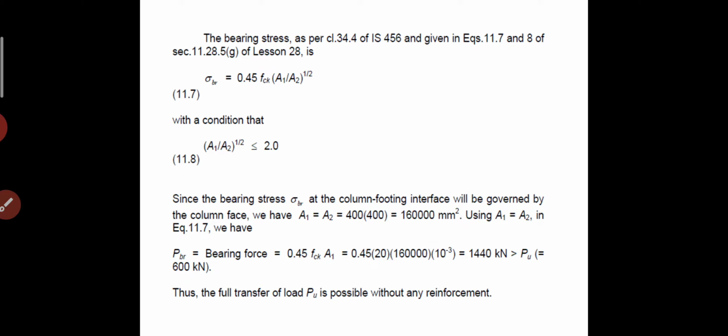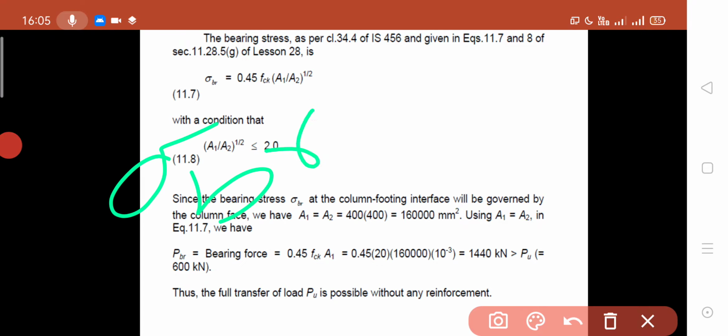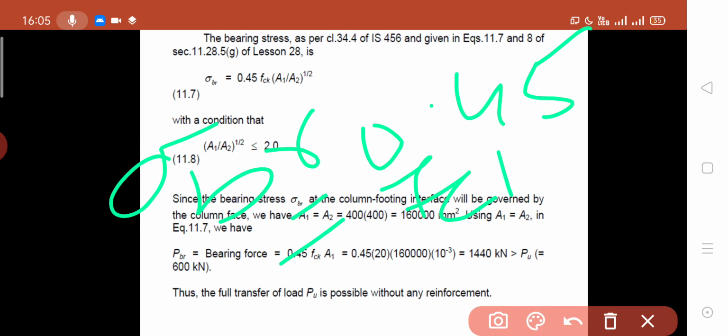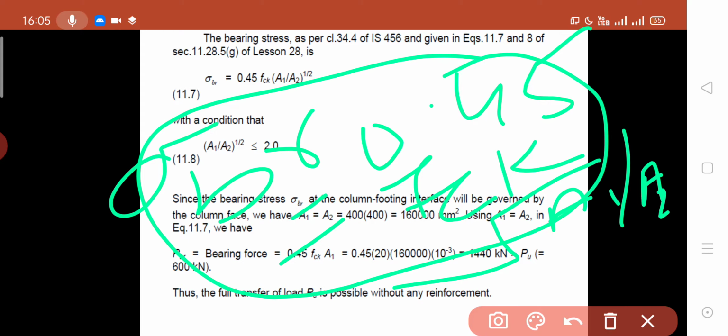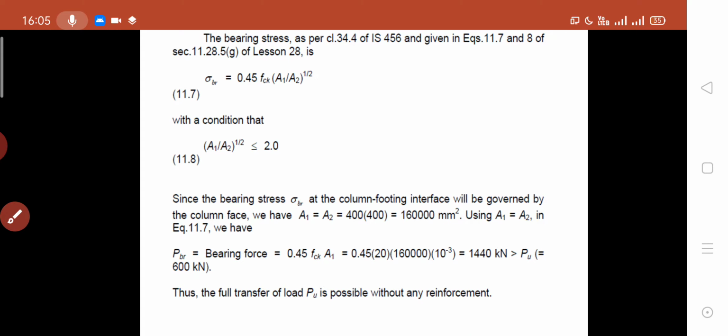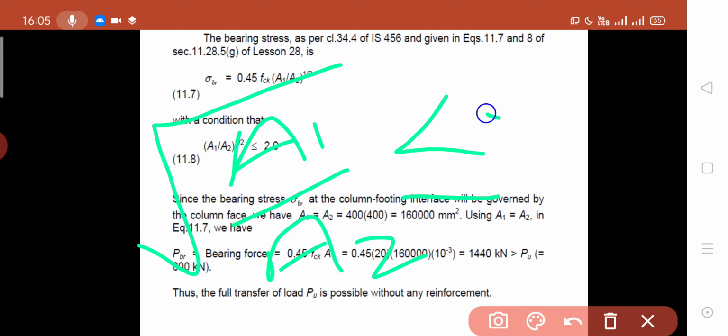The bearing stress sigma Br is equal to 0.45 FCK square root of A1 upon A2, with the condition that square root of A1 upon A2 is less than or equal to 2.